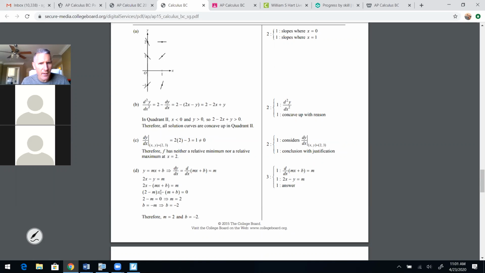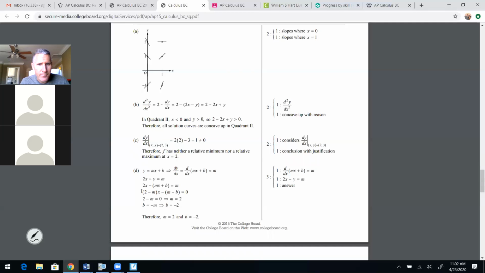If you're solving for m and b, I think what they're saying is x is a variable there, so you need that term to be 0.